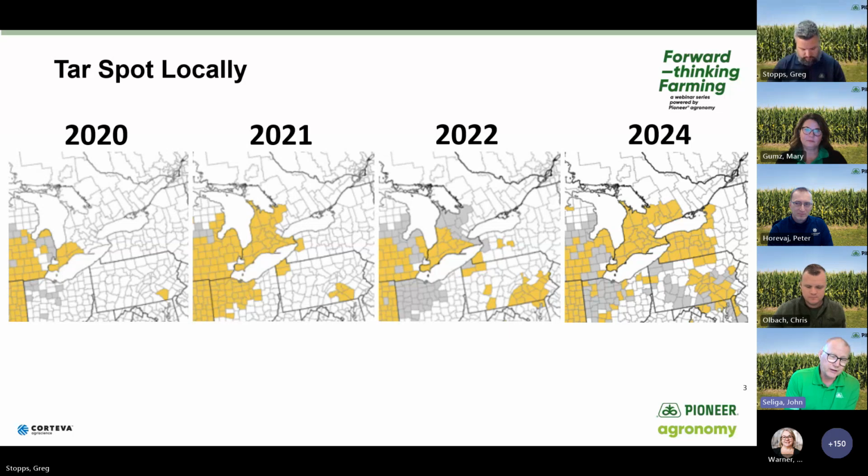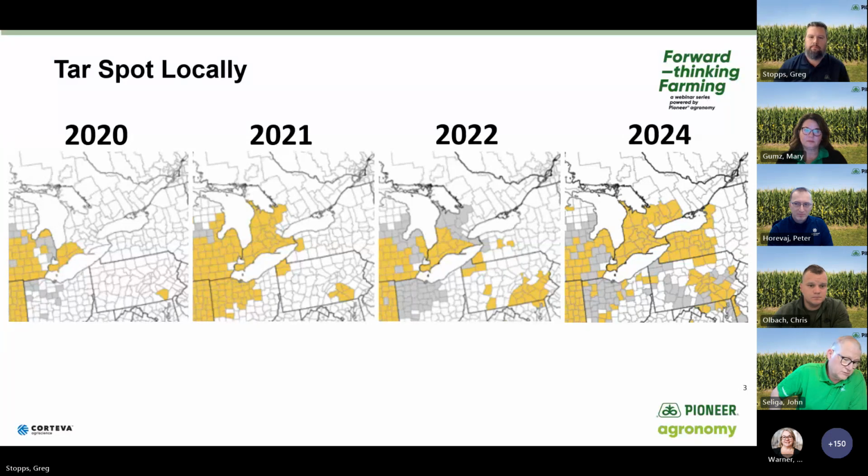The epicenter, or the initial infection, was in that Rodney area where Albert Tenuta is doing a lot of screening and a lot of testing since that point in time. But in 2020, I had a hard time finding any infection across fields.